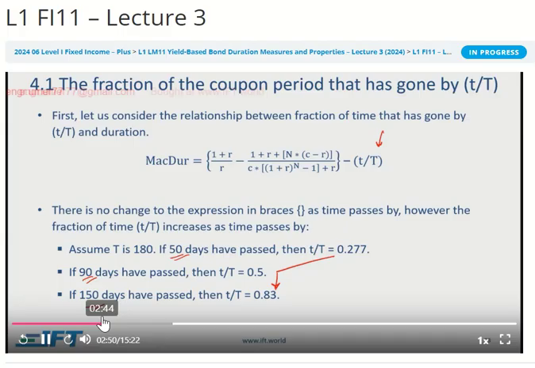And try to understand that MACD goes down with reinvestment income of coupon, and it goes up with price risk. So the sooner the reinvestment income overpowers, dominates the price risk, the sooner you reach your Macaulay duration.